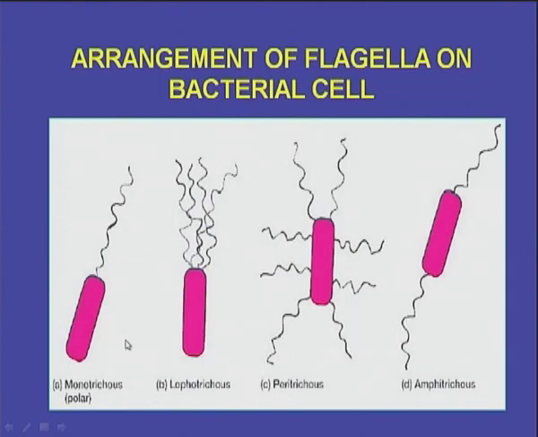This picture shows the arrangement of flagella on bacteria in general. This is the monotrichous having the polar type of flagella, lophotrichous with so many flagella, peritrichous on all the cell surfaces, and the amphitrichous on both ends of the bacterial cell.